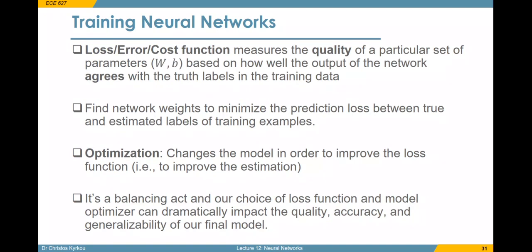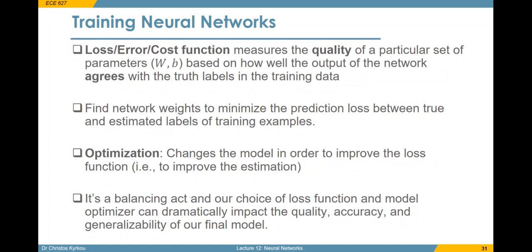So a loss function, or error function or cost function, as it is called in various research papers, is basically a function that tells us how well we are doing with respect to estimating the values in our training set.